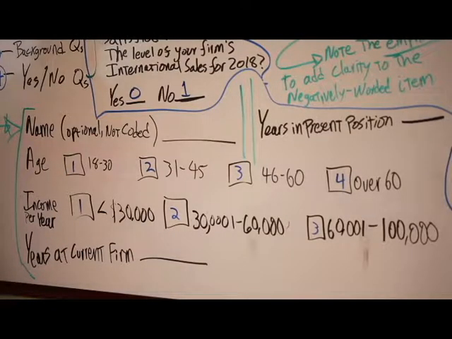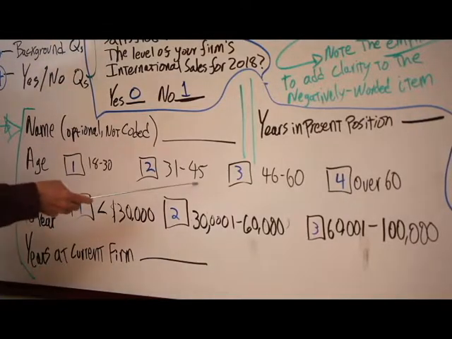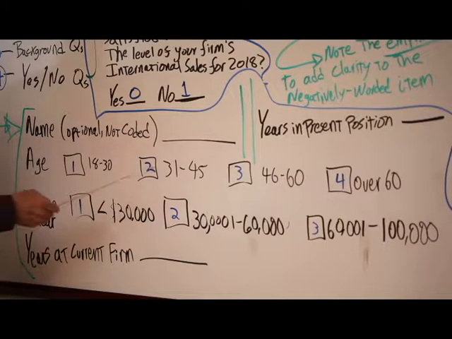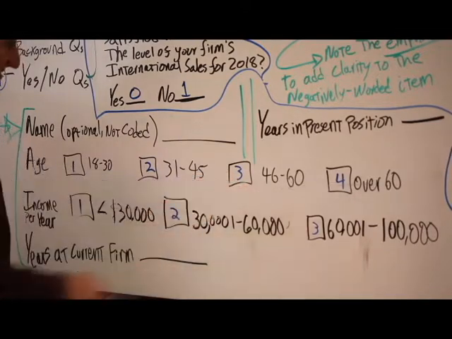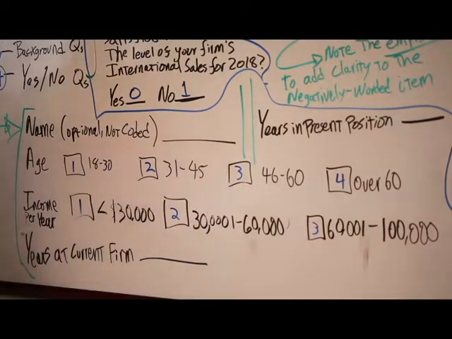So we use intervals. So age 18 to 30, 31 to 45. Notice that it ends in 30 at this category and starts at 31. You don't say 18 to 30 and then 30 to 45 because 30 appeared in both boxes. That's no good. 46 to 60 and then over 60. Now, the blue numbers are how you would code the question in your spreadsheet.